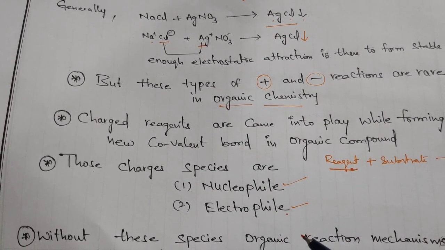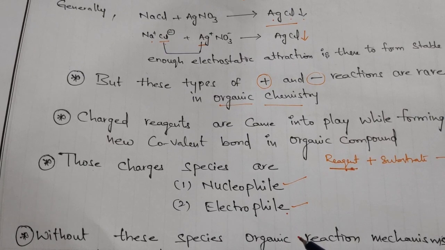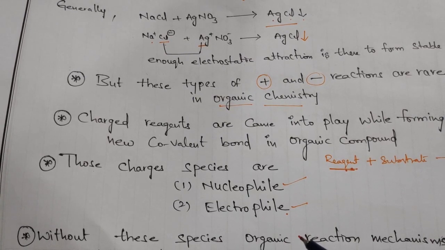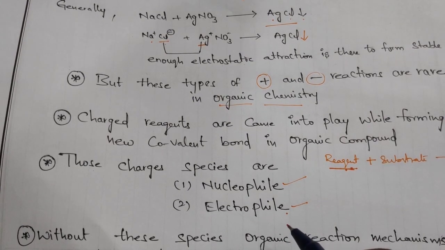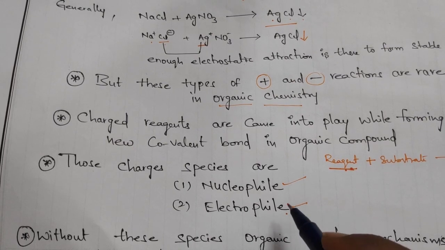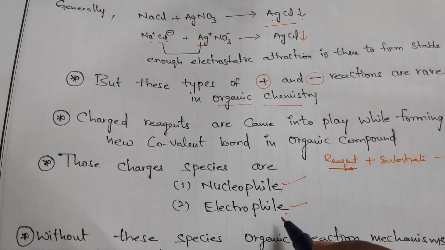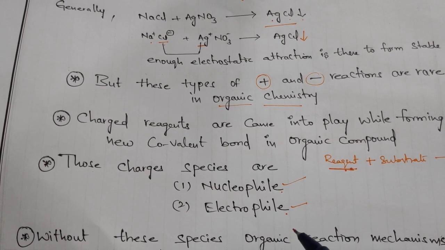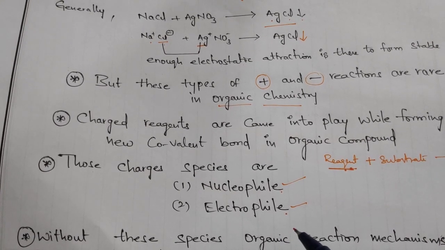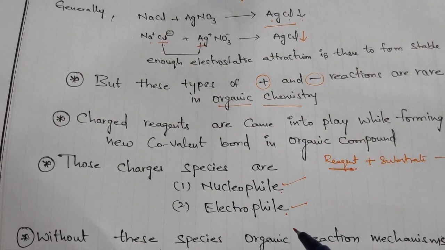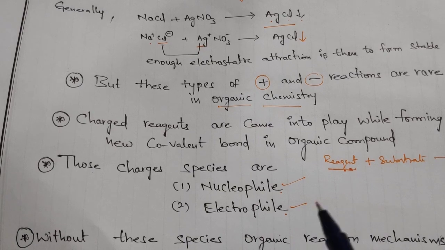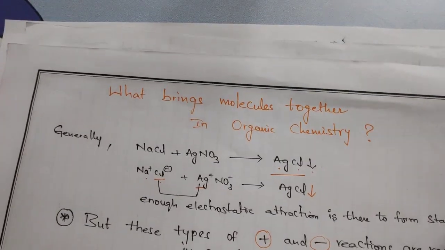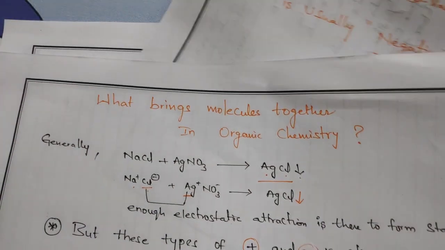Major organic reactions, except pericyclic reactions, are explained by using nucleophiles and electrophiles in the reaction mechanism. Without these species, we can't give a good explanation of the reaction mechanism. Next we will discuss them individually. The first is nucleophile.